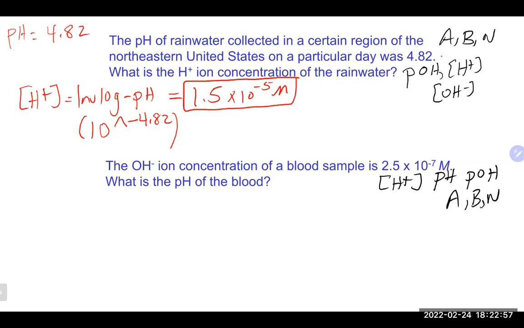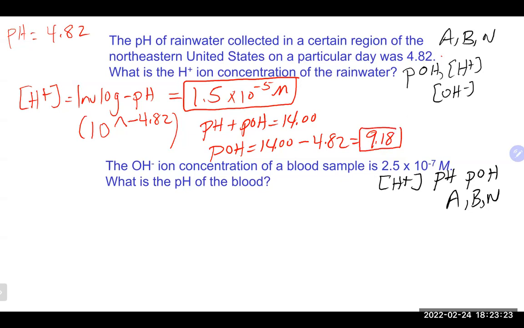I'm going to get my pOH, which, again, the pH plus the pOH equals 14, which means that the pOH would be 14 minus the pH, which is 4.82. That's going to give me a pOH of 9.18. Any questions on that?